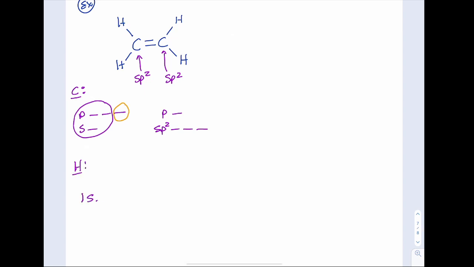Hydrogen only has an s orbital, so there's nothing to combine it with. Hybridized orbitals are combinations. I only have one orbital, so I can't combine it with anything. So again, remember, hydrogens will always be unhybridized. I can't hybridize an orbital when there's only one of them.